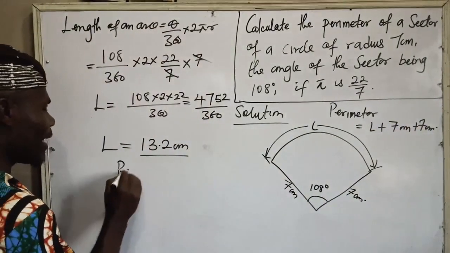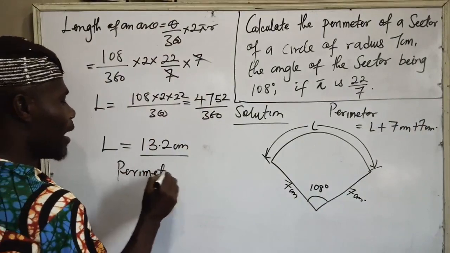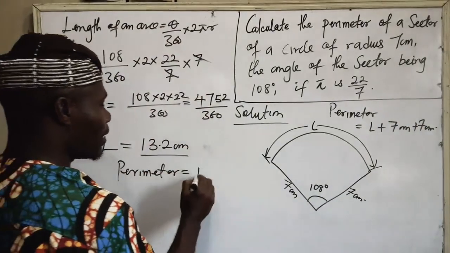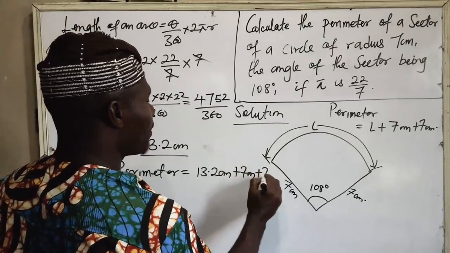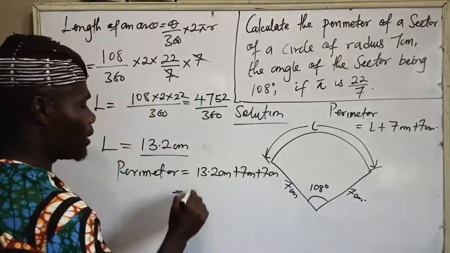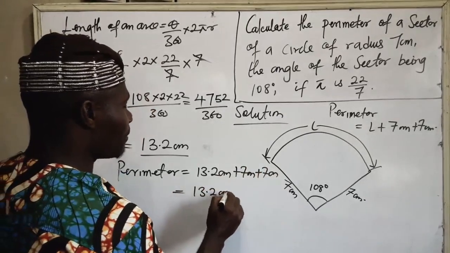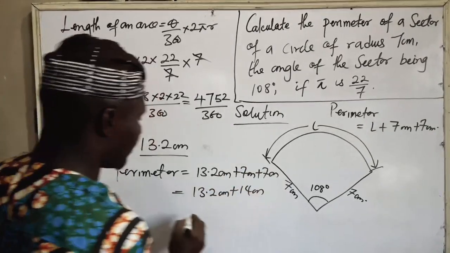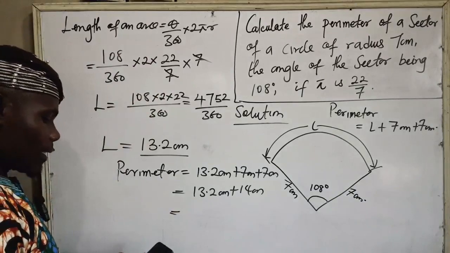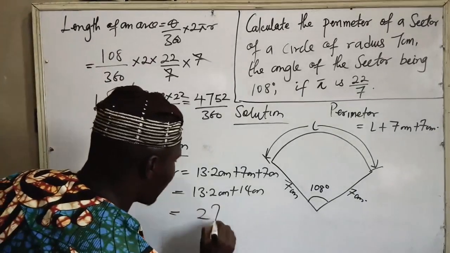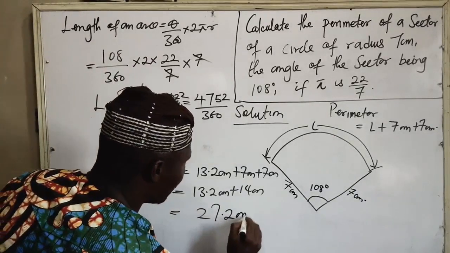So the perimeter of the sector will be 13.2 centimeters plus 7 centimeters plus 7 centimeters, which is 13.2 centimeters plus 14 centimeters. So the final answer is 27.2 centimeters.